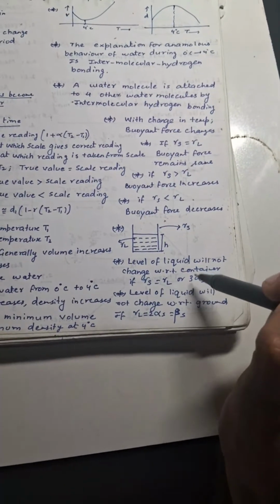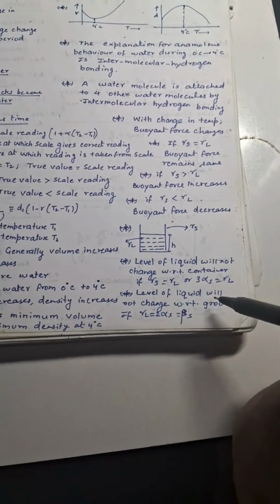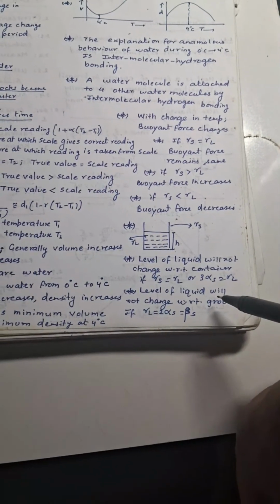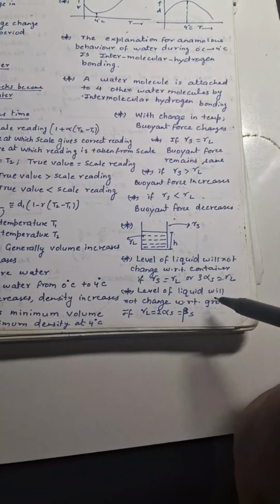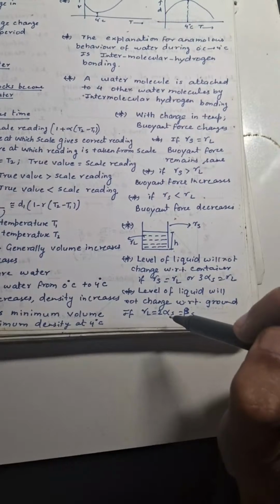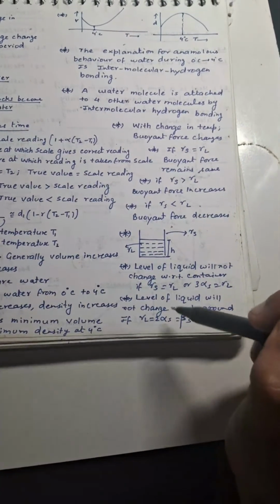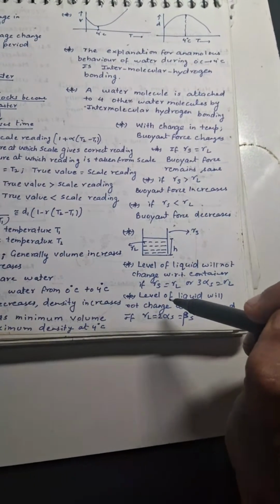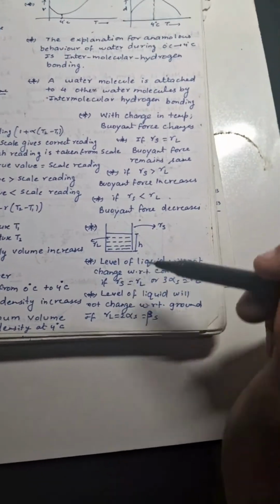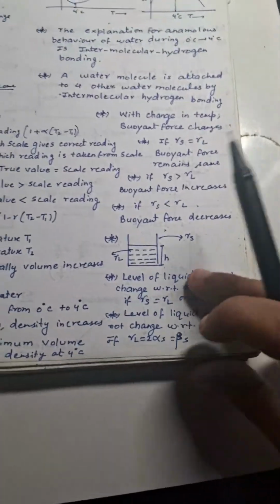Or gamma liquid is 3 times alpha solid, whereas the level of liquid will not change with respect to the ground if gamma liquid is twice alpha solid, or beta solid. Because here areal expansion will be used, that's why the factor of 2 comes into play.